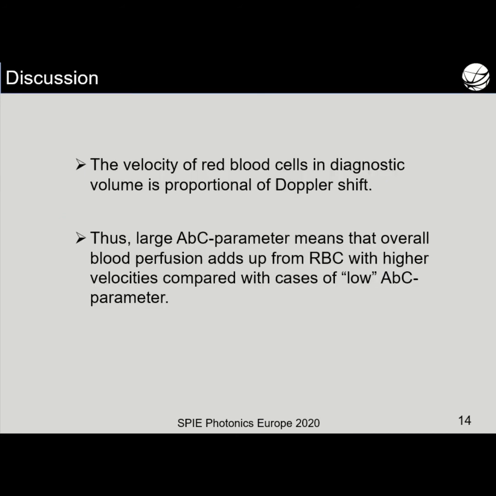Thus, a high area between curves parameter means that overall blood perfusion adds up from red blood cells with higher velocities compared with cases of low area between curves parameter despite a similar B-A blood perfusion increase, and the area between curves parameter can be a distinguishing feature for discrimination of diabetes mellitus type 2 complications.